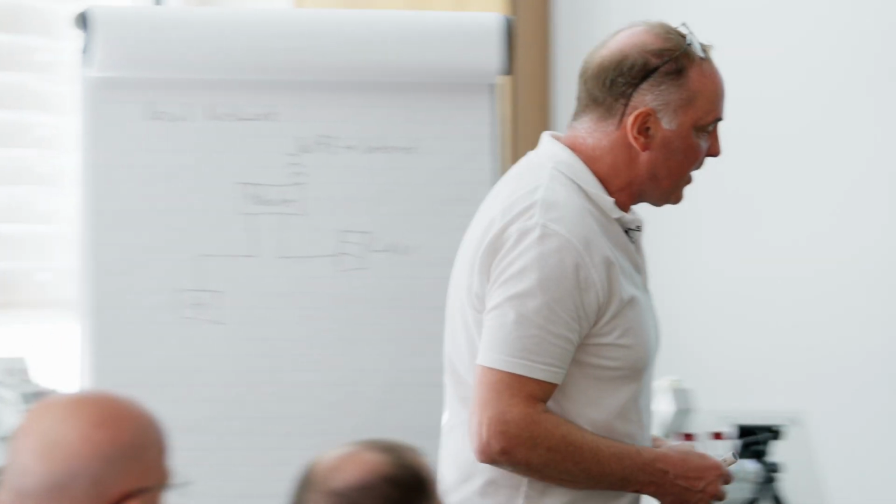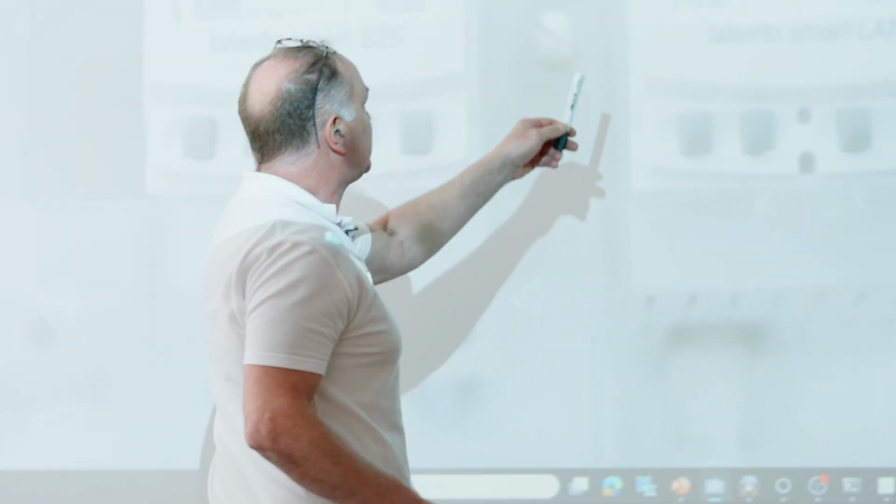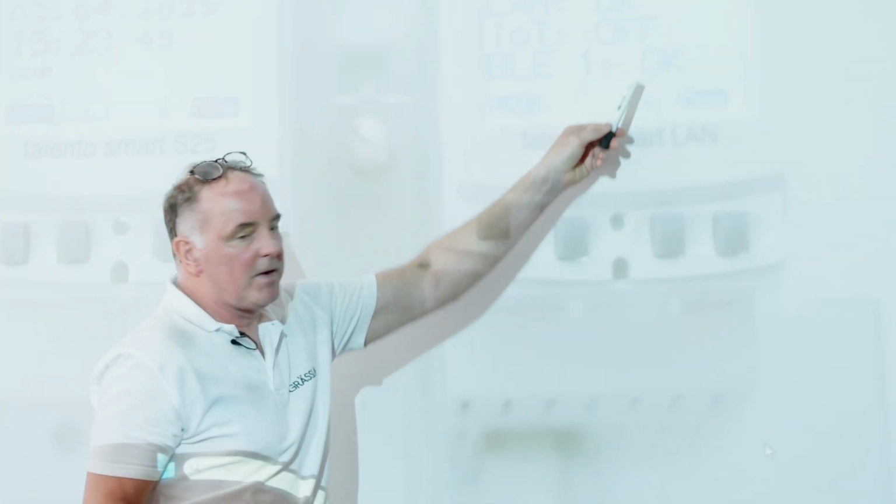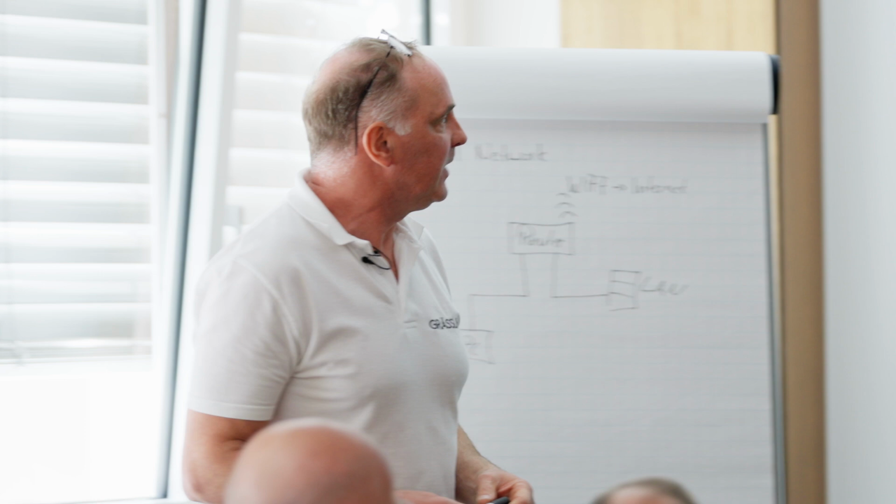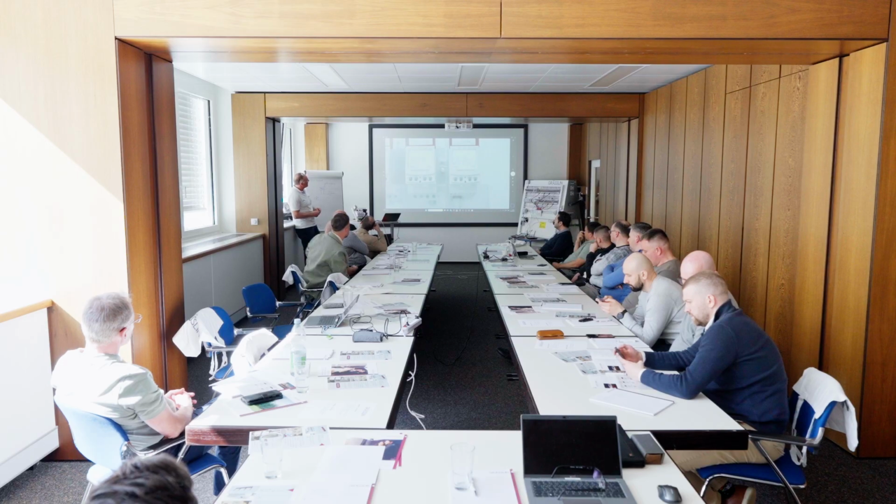Here is now one additional piece of information in the display. It's called BLE1. That means one S25 timer is connected to that LAN gateway, and if you have more, you can have up to 5. This is changing all the time.